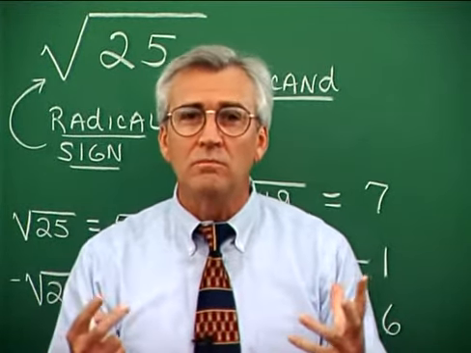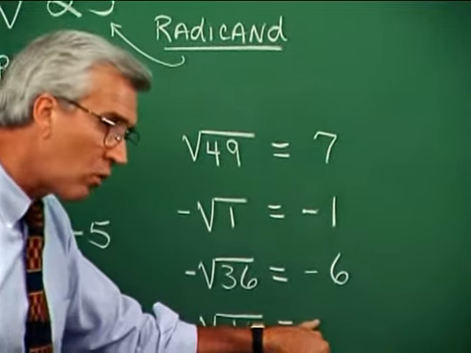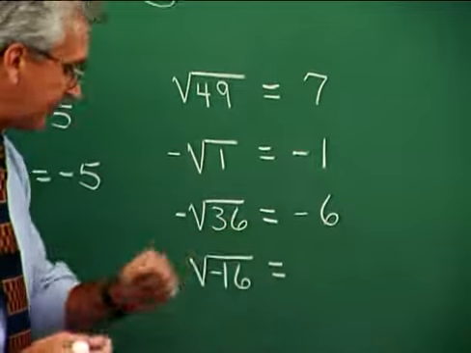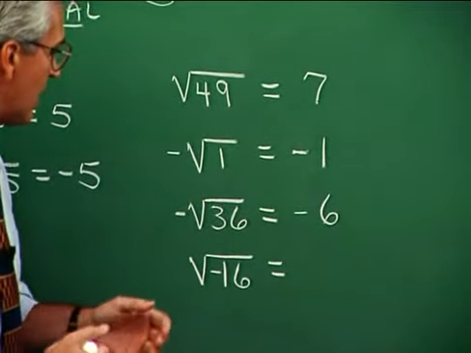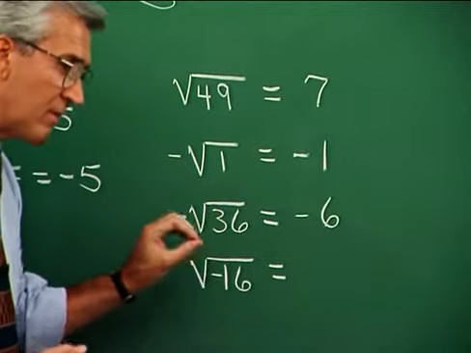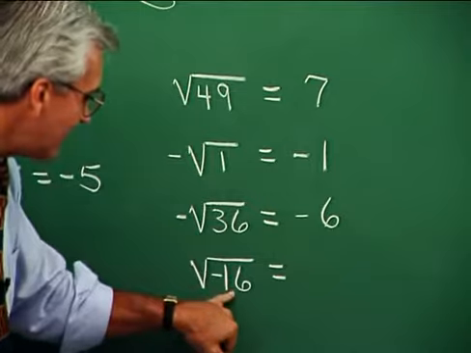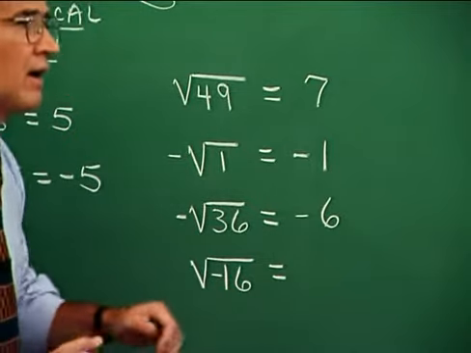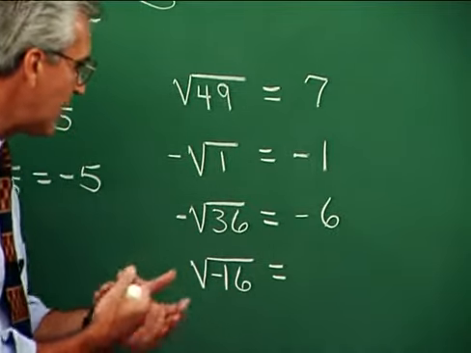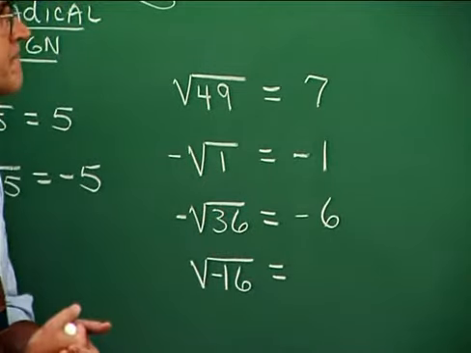No. So, because there is no such number, we say that there is no real number that fills this bill. Now, I will tell you that there is a number within a system of numbers that is the square root of negative values, but we just haven't encountered that set of numbers yet. So for the time being, we'll just say no real number here.